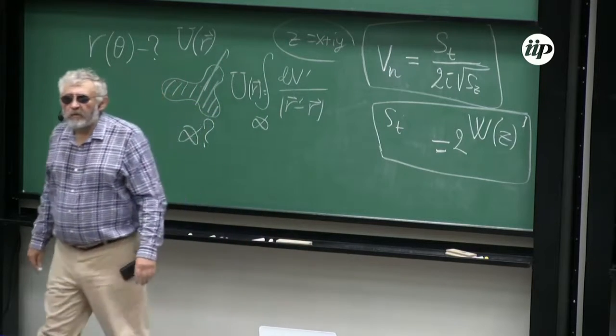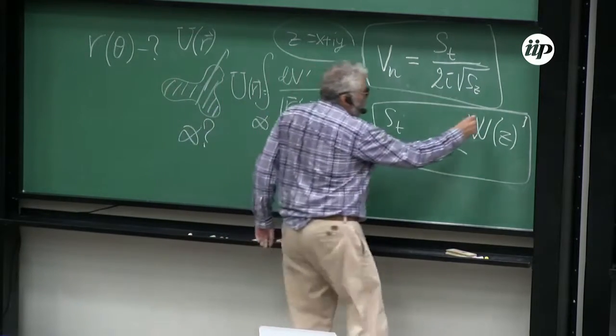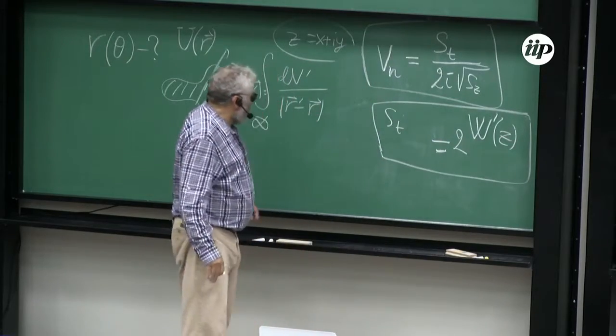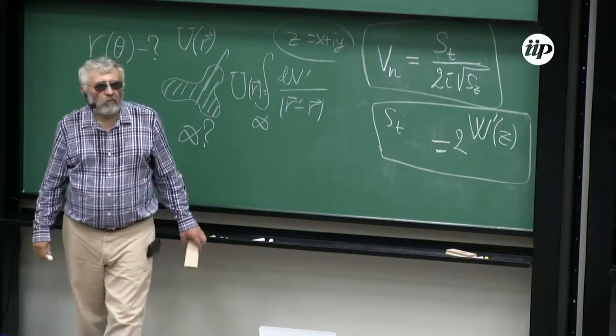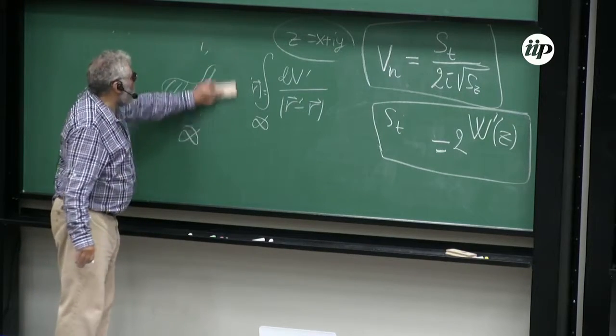The partial time derivative of the Schwarz function, I better put prime here, right? Is the double derivative of the complex potential for the fluid, for the vector field of fluid velocity.